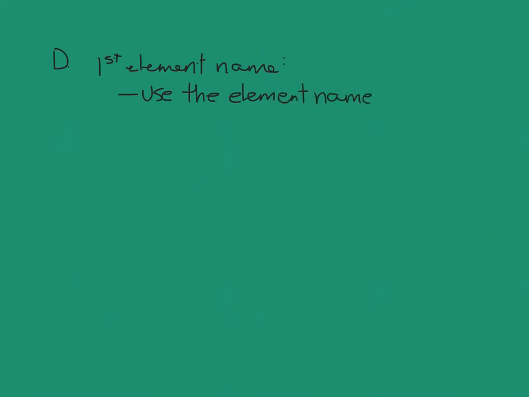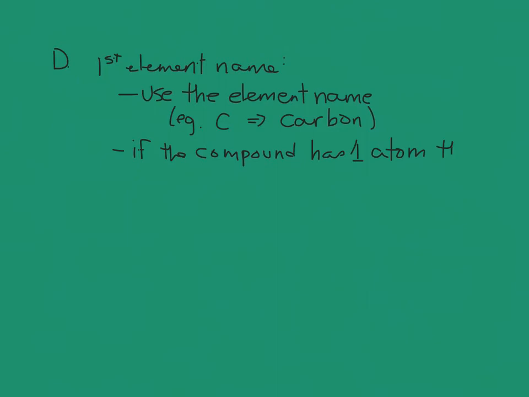So for example, if it was C, the element name is carbon, not carbide, carbon. If the compound has one atom of the first element, then the name stays as is.